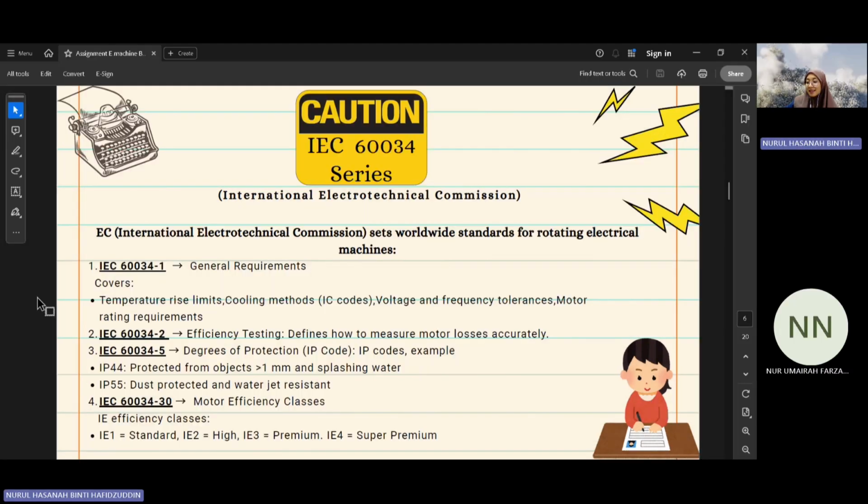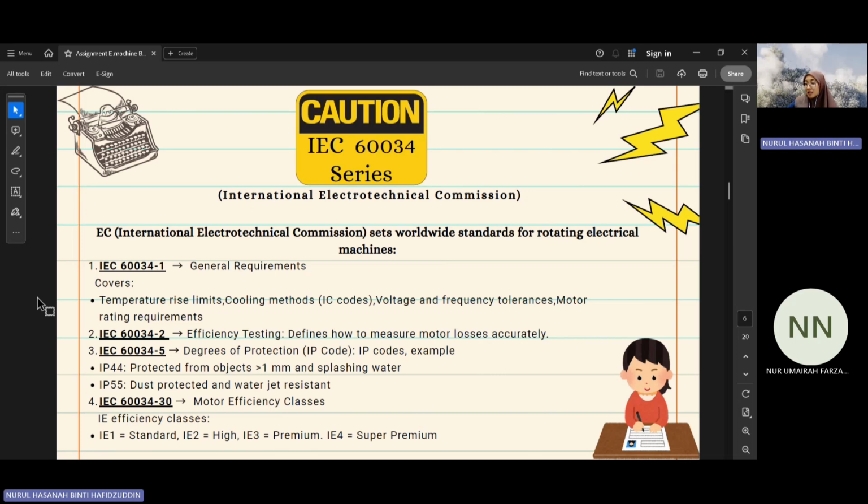petrochemical, and mining. The IEC 60034 series is the global standard covering general requirements like temperature rise limit and cooling method. Part 5 defines the IP code, or degrees of protection. For example, an IP55 motor is protected against dust and water jets.